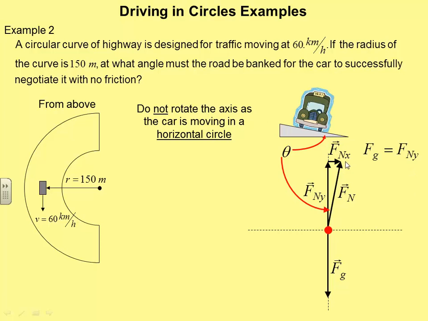Notice nothing is balancing out the x component of the normal force, and therefore it provides the centripetal force needed to keep you moving in a circle. And notice its direction. It's pointing inward to the circle. And the car, of course, would therefore be accelerating inward, towards the center of the circle.